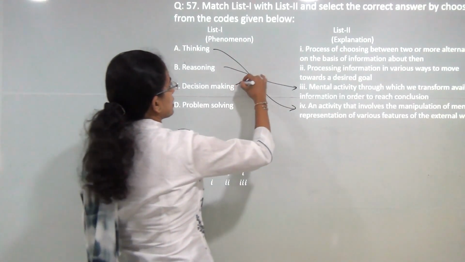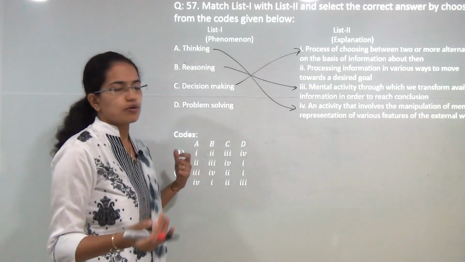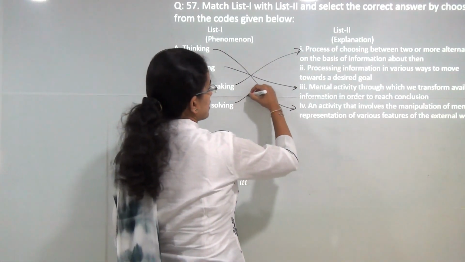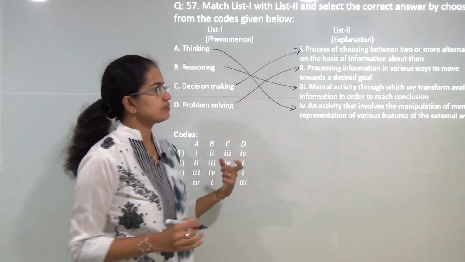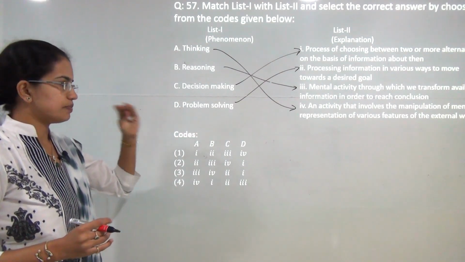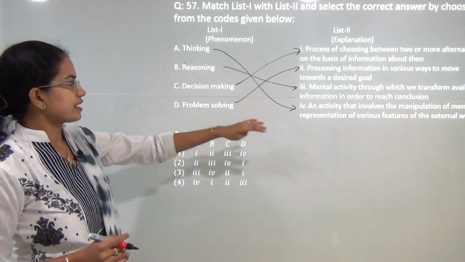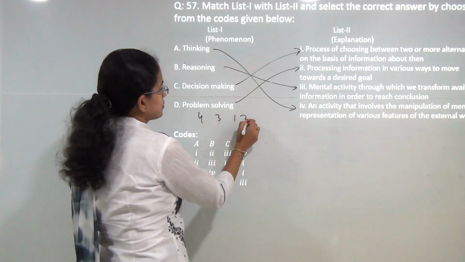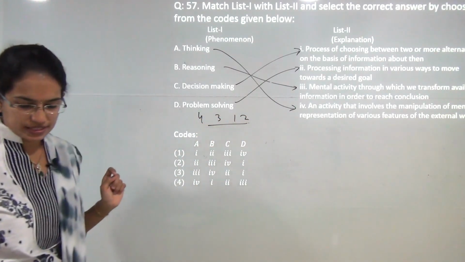Definitely, for decision making you have to work around 2 or more alternatives and find a correct answer, and problem solving is a process of processing information that moves on and helps you reach a specific goal. So you have the correct matches here, which are 4, 3, 1 and 2.